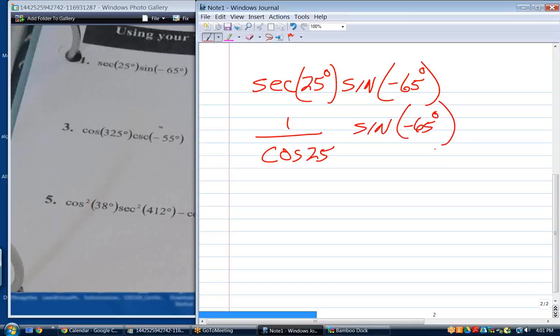What's another way to write cosine of 25 degrees, using the cofunction property? Isn't it secant? No, not the reciprocal property, the cofunction property. Oh, sine. So that's sine of what?